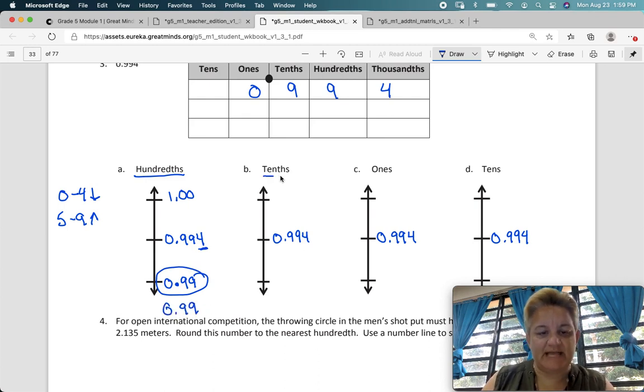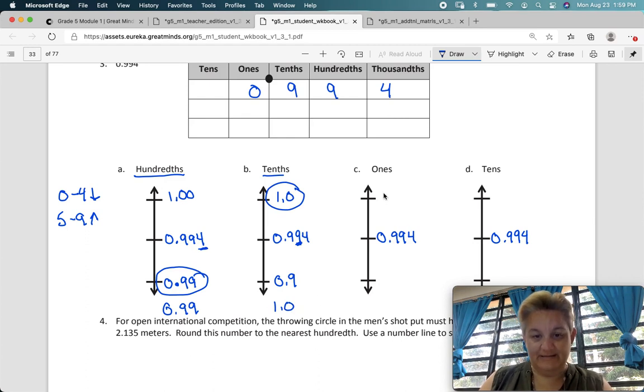Okay, now we're going to do tenths. So the nearest tenth here would be 1.0 or 0.9. And we're going to look at the hundredths space to decide, are we going to go up or down? And again, it's a 9, so 9s go up, so our answer is 1.0.